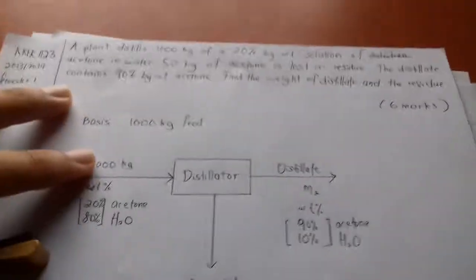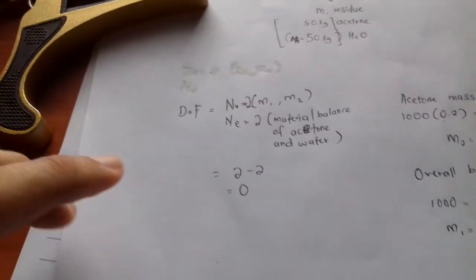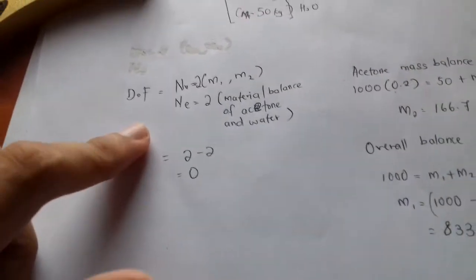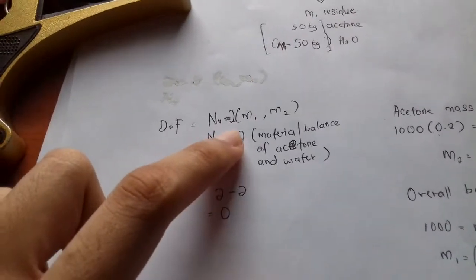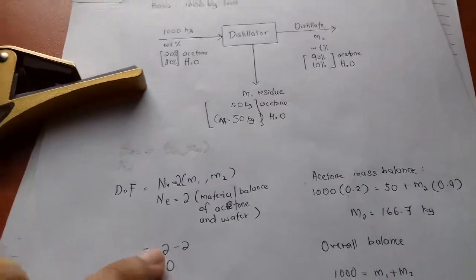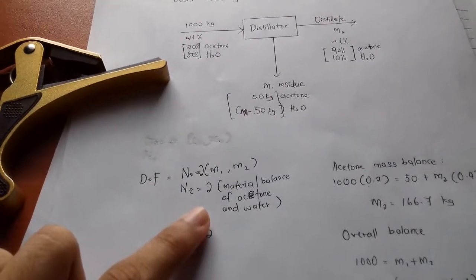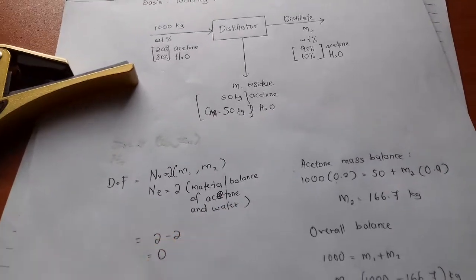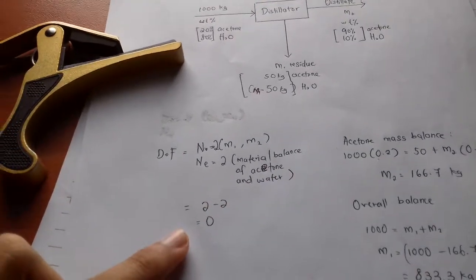Okay. So I started by making a DOF analysis. For the number of variables, there are 2, which is M1 and M2. Number of equations are also 2, the material balance of acetone and water. So that leaves us with 0.